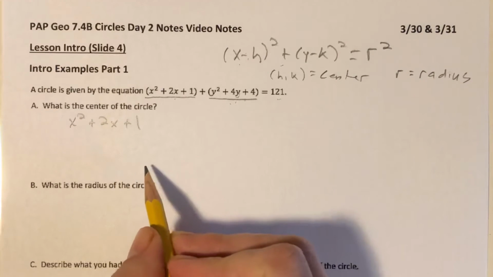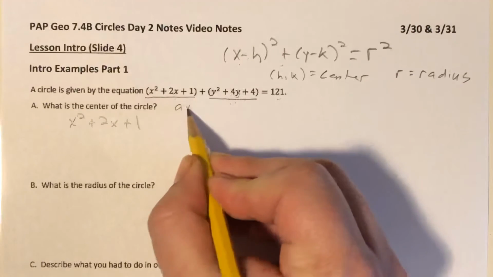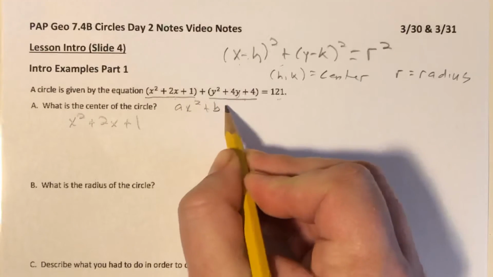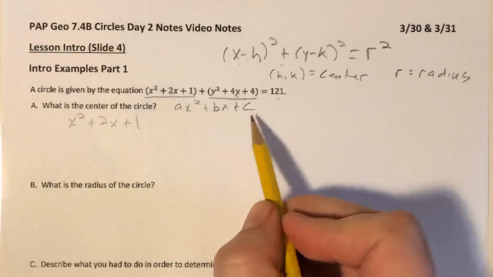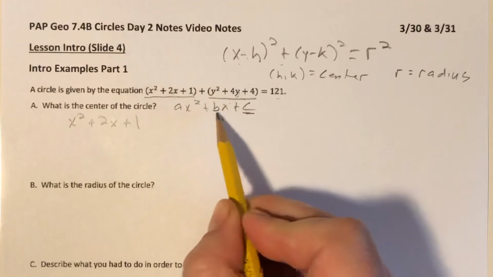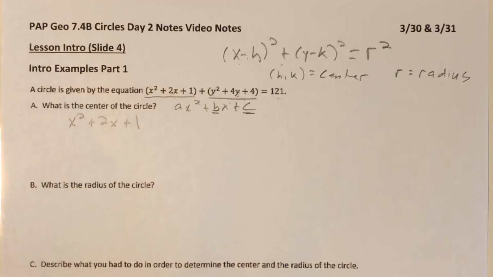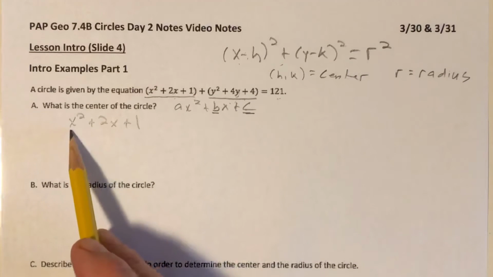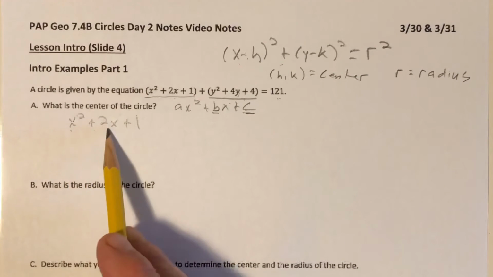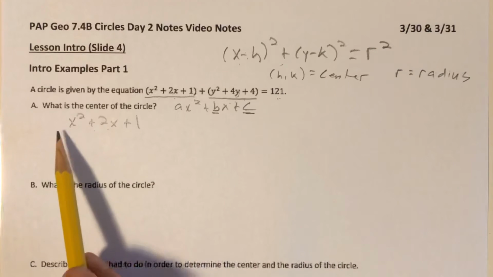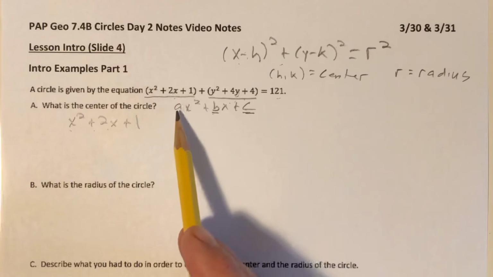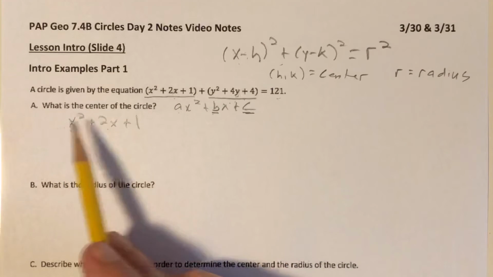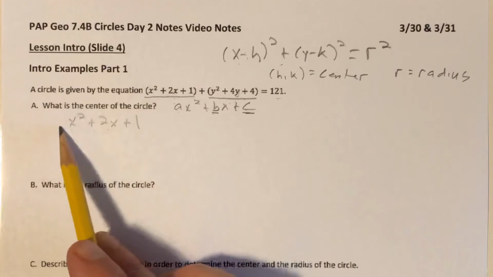Remember, the standard form of a quadratic is ax squared plus bx plus c. And when we factor it, we need to find the factors of our c term that add up to our b term. All right? So if I look at this quadratic here, x squared plus 2x plus 1, we find the factors of the c term that add up to our b term, assuming that our a term is 1. So in this case, our a term is 1.